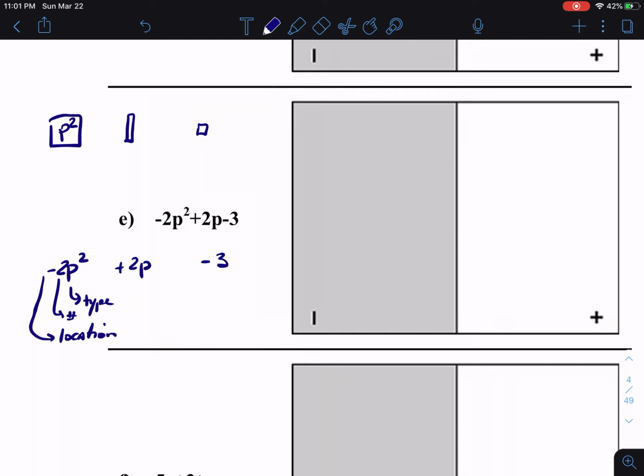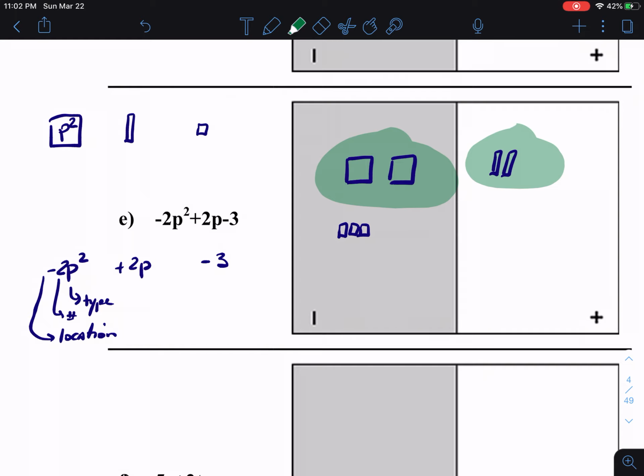And then single units are our singles. So we need two of the p squareds in the negative. And we need two of the p's in the positive. And we need three singles in the negative. That would be representing negative 2p squared plus 2p minus 3. So let me highlight them as I go.